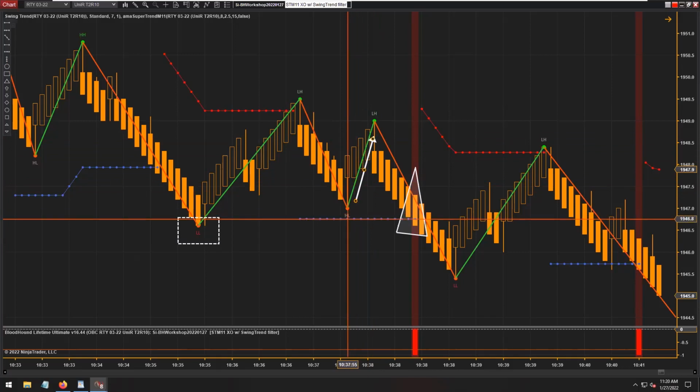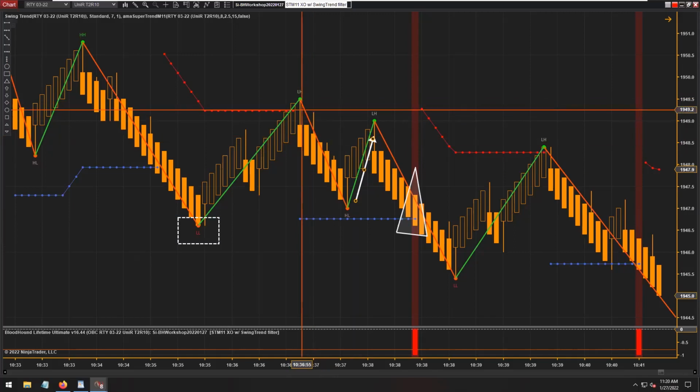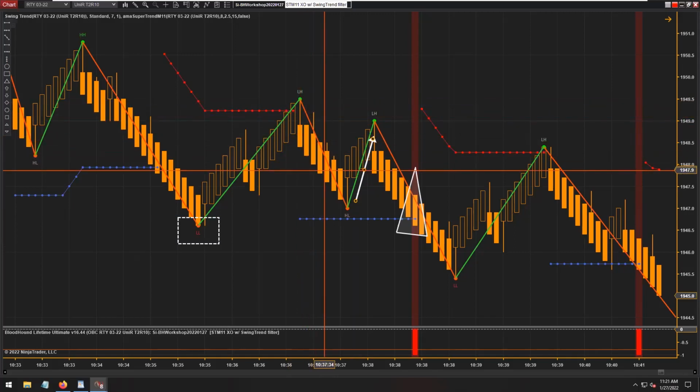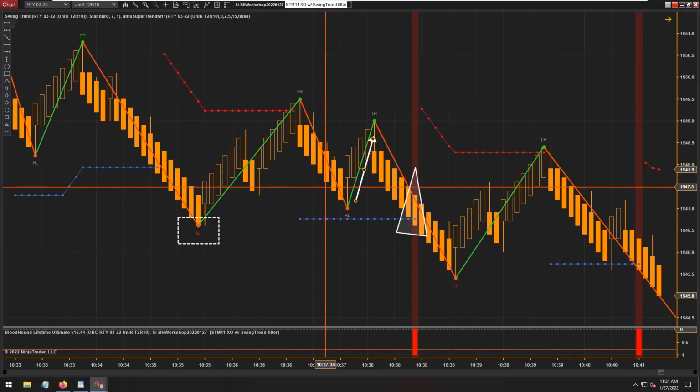So we need to look for this higher low, which is going to start immediately. As soon as this downswing starts developing, this higher low is identified. So it's probably identified on this bar or this bar, one of these two bars here.